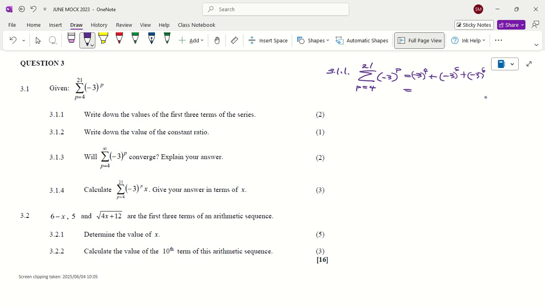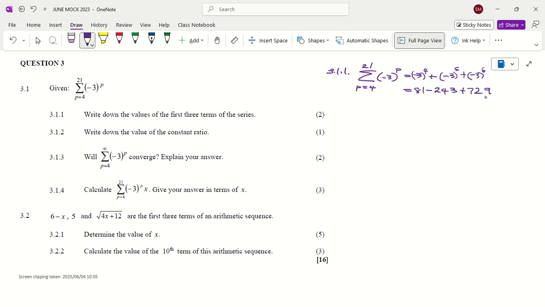Negative 3 to the exponent 4 is 81, plus negative 243, and 729. That's the first 3 terms. Then you can answer any question they ask you about this type of series.